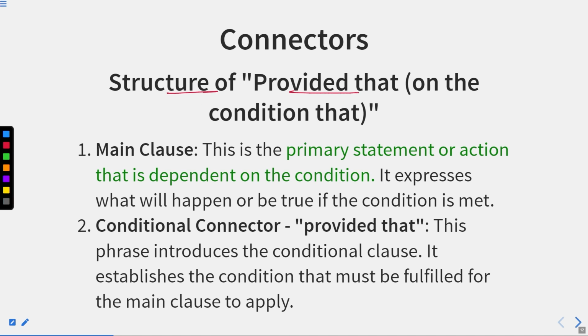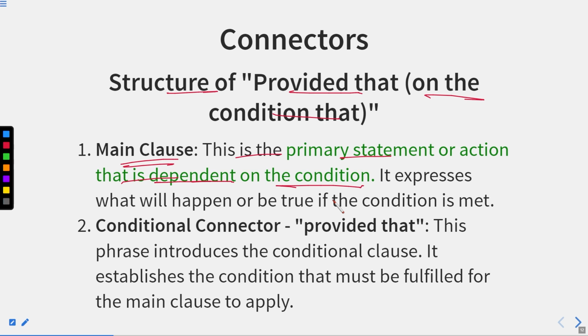Now, the structure of provided that, or on the condition that. First of all, we will have the main clause. This is the primary statement or action that is dependent on the condition. Now, we know well that in the case of connectors, we have two clauses in a single sentence where one has the condition and another one has the action, that is the main action that has to be done.